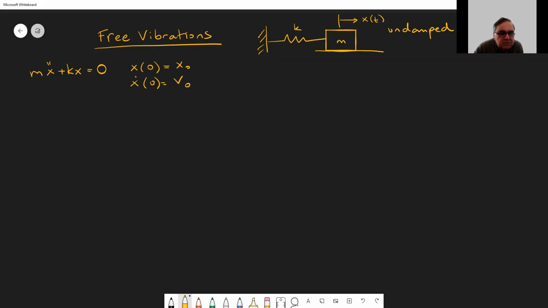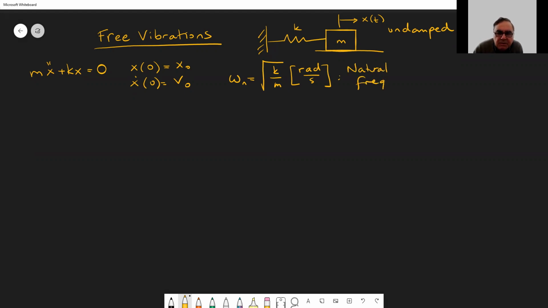So this equation is solvable. We define the natural frequency of the system as root k over m, whose unit is radians per second, as you know. This is the natural frequency of vibration.